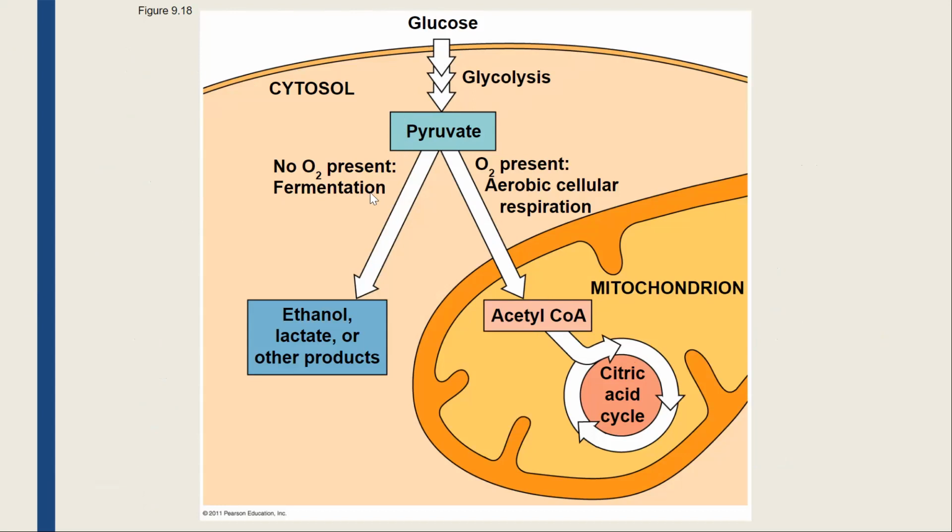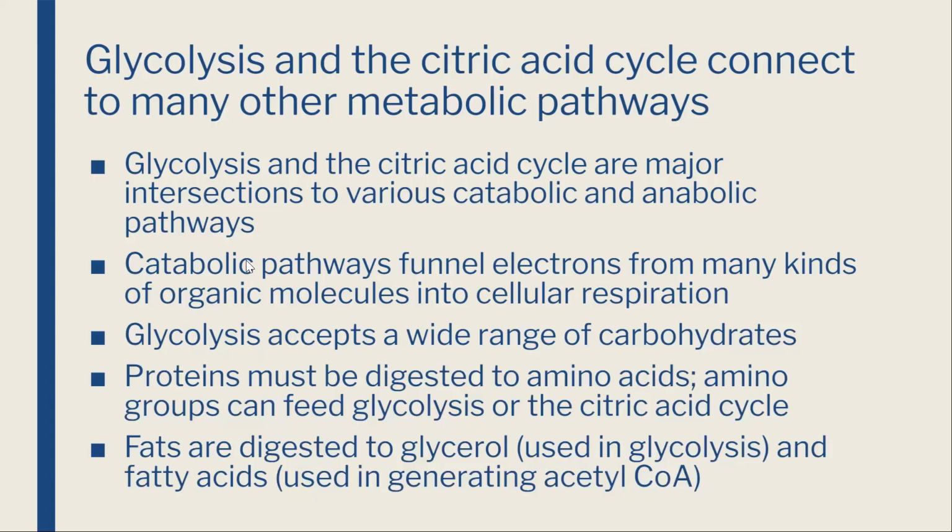If there's no oxygen present, then that pyruvate will go into either lactic acid fermentation or ethanol fermentation. So fermentation will occur if there is no oxygen present. So it's just showing you with or without oxygen. So aerobic respiration on the right or anaerobic respiration on the left.